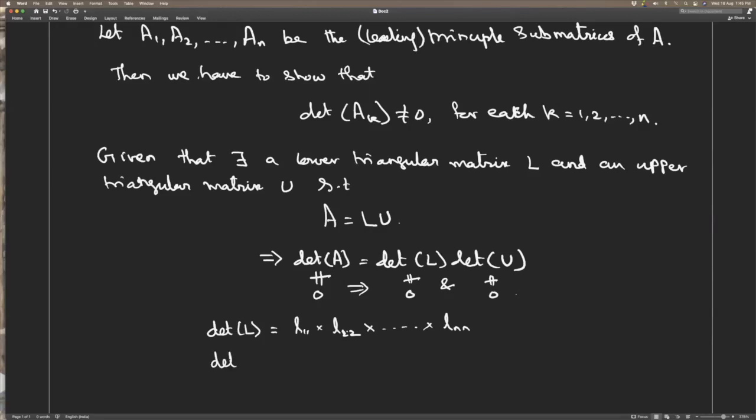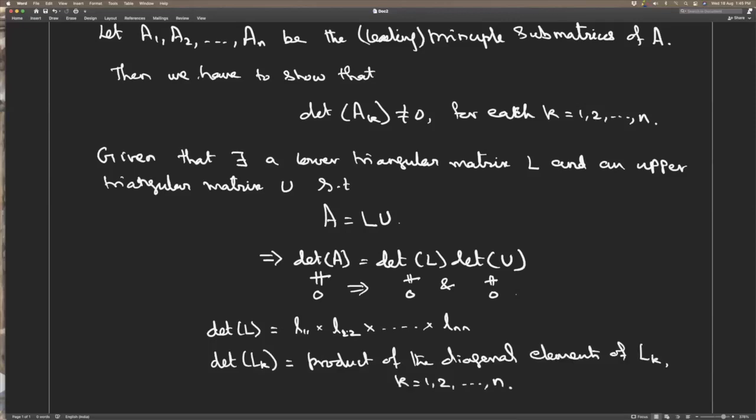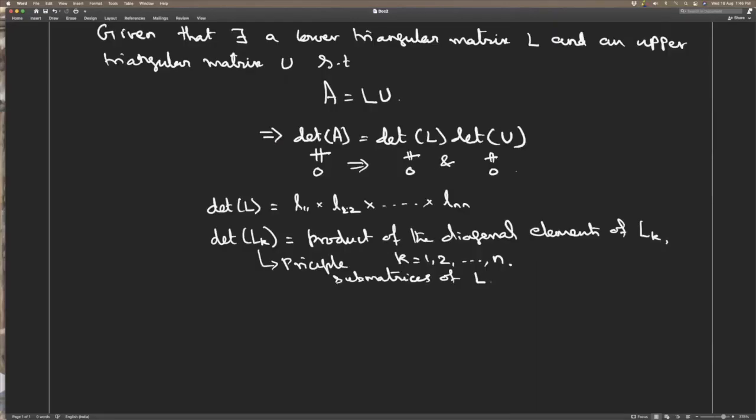Therefore, determinant of Lk will also be the product of the diagonal elements of the principal submatrix, where Lk are the principal submatrices of L. And this is also true for upper triangular matrices. Therefore, U will also satisfy the same property.